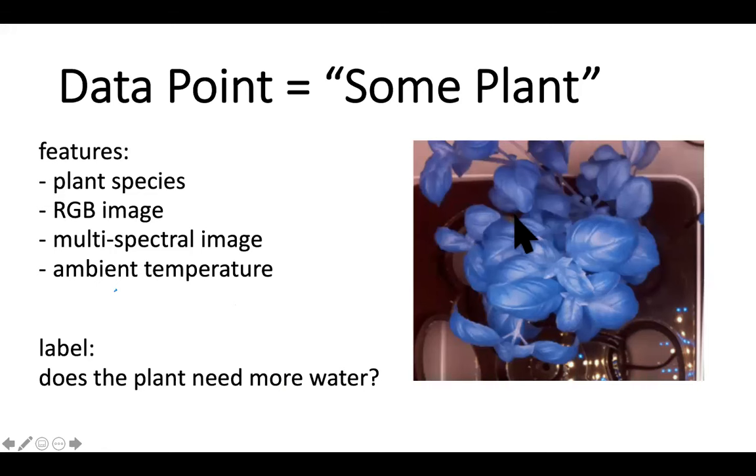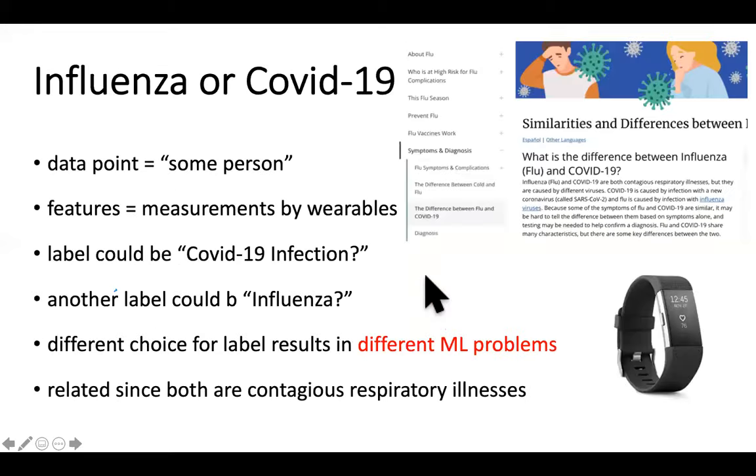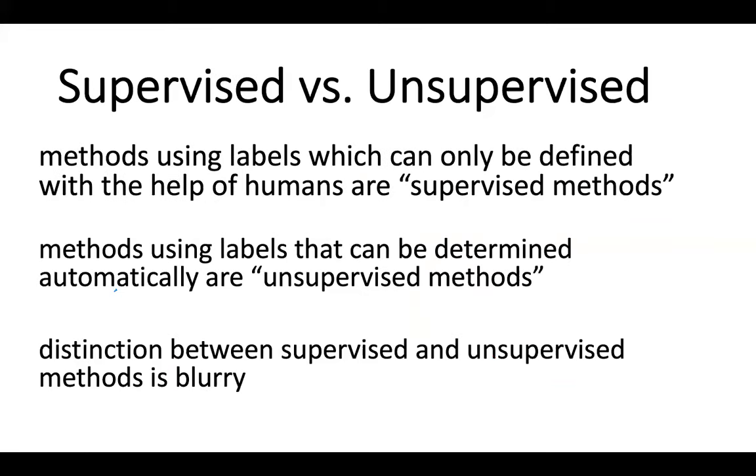So you can choose as label also something that is readily available from the features. And as you already recognize from my formulation, this is somewhat blurry. There's no clear distinction, but I would say supervised methods use definitions for labels which you only can use when you have experts like forest fire experts or biologists.